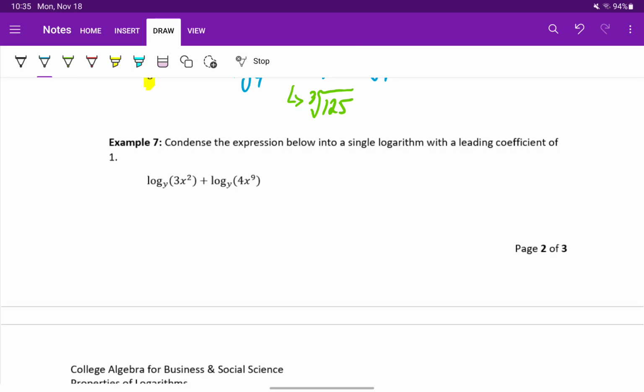In example 7, we again want to condense this expression, making sure we have a leading coefficient of 1. We have no coefficients in front of that log expression, so there's nothing to worry about there. All we need to do is merge these two expressions together. Since they're being added, we'll do that by multiplying those two expressions together inside a single logarithm to get the log base y of 3x squared times 4x to the 9th.